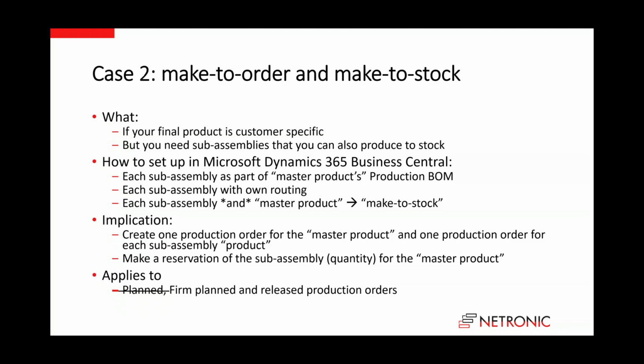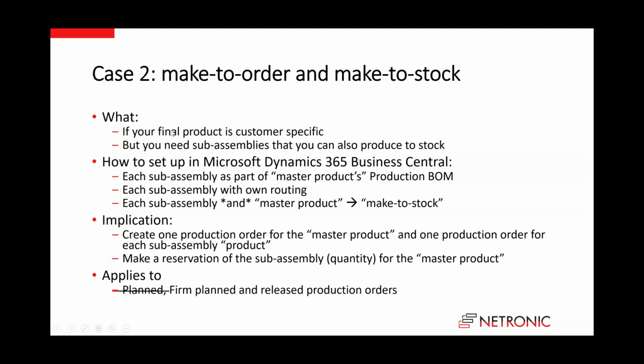So, for example, if you produce 10 of this product A, then it can make sense to produce 20 of a sub-assembly and then use 10 of those 20 for this product and put 10 of those sub-assemblies on stock and have them available for another product that you're going to build, or for a later order that you get from the same customer for the same product.